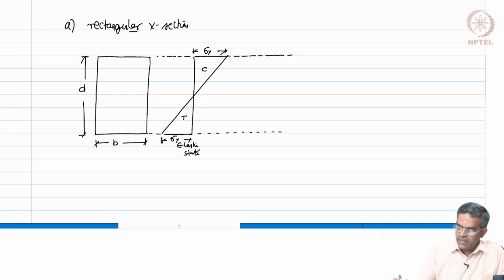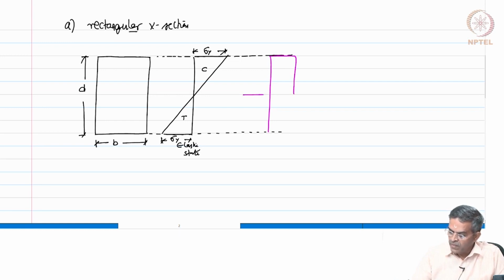In the fully plastic state, we already know that the total tensile force will be equal to total compressive force, and every fiber will be at sigma y.